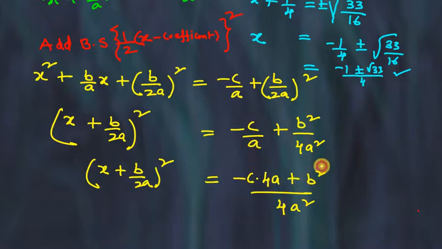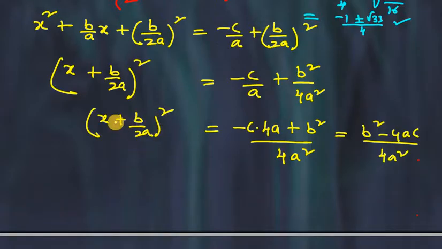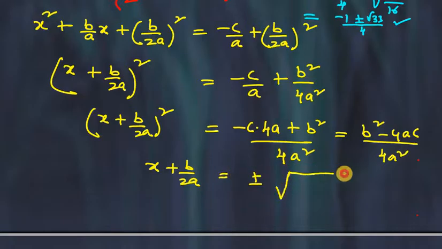And here it is b square, same as 4a into 4a square without change, so into 1, b square into 1. So if I simplify this, you are getting b square minus 4ac by 4a square. So next step, I want the value of x. This square becomes square root. So x plus b by 2a is equal to plus or minus square root of b square minus 4ac by 4a square.